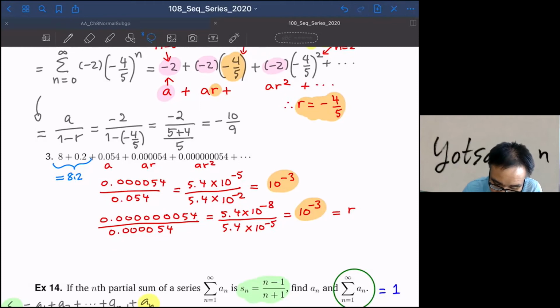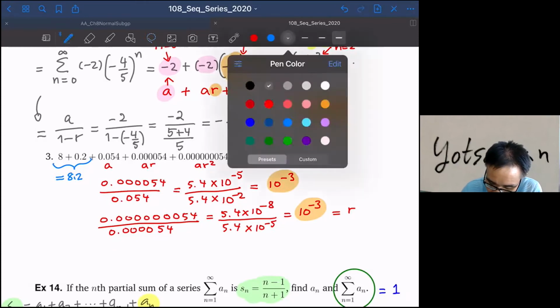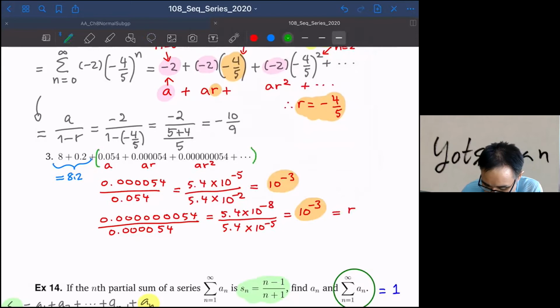So for this one, it's gonna turn out to be A over 1 minus R, and your A in this case is 0.054.